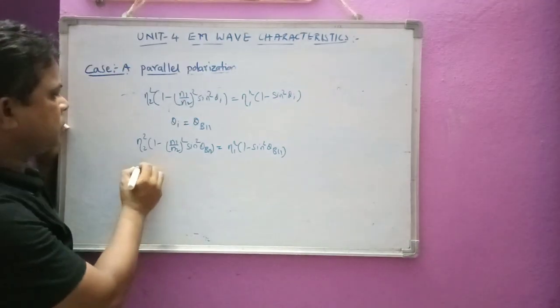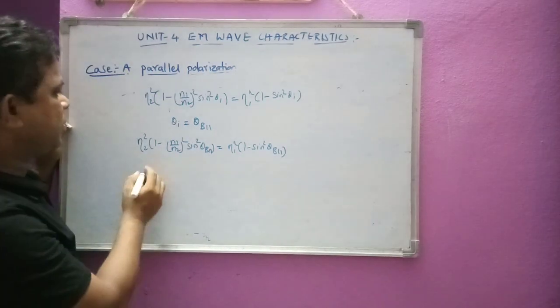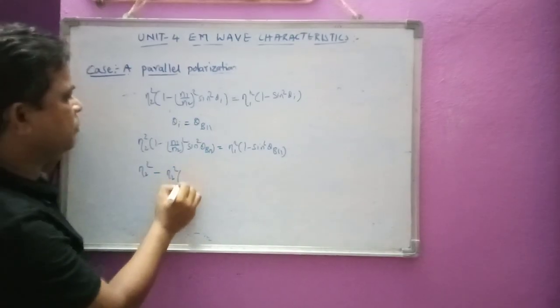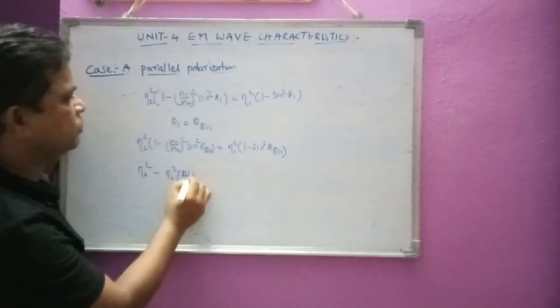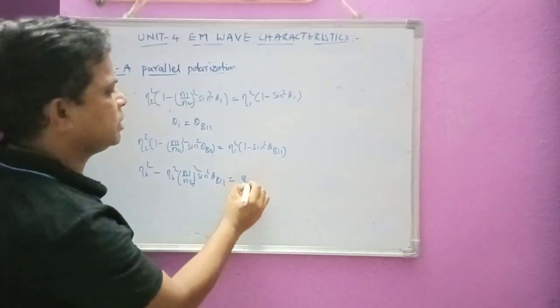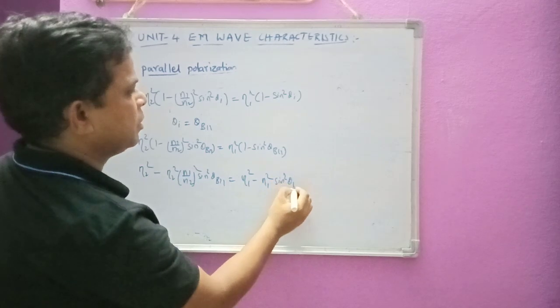Okay, so I will multiply this out: eta 2 square minus eta 2 square (n1 by n2) whole square sin square theta b parallel, that is equal to eta 1 square minus eta 1 square sin square theta b parallel.